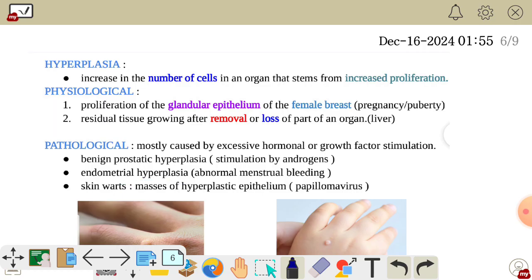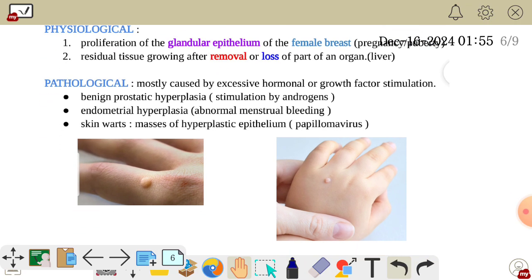Another example of pathological hyperplasia is observed in skin warts. A skin wart is simply a condition or a disease which is caused by a papilloma virus. Here we are going to observe masses of hyperplastic epithelium, as we can see in this diagram.